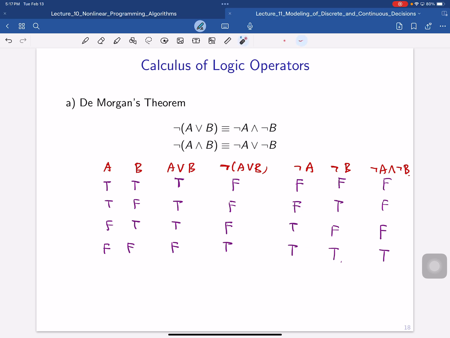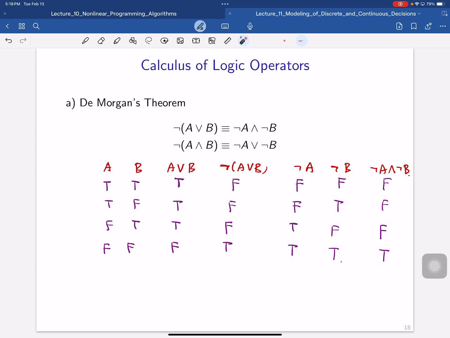So if you check this column and this column here, they are equal to each other, right? Yeah. So you can prove all those calculus using the truth table. Again, the motivation of doing the truth table is that you want to prove that these two logic propositions are equivalent when you have A and B taking any arbitrary values.